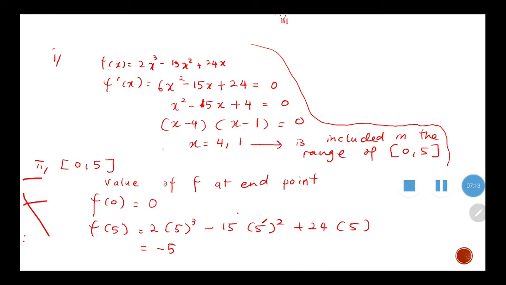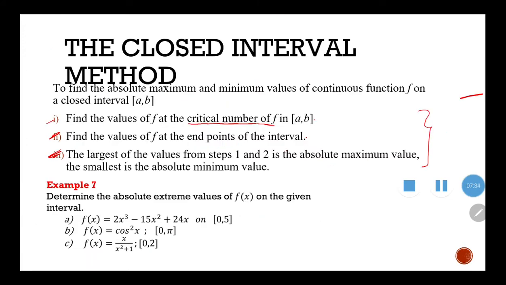Okay guys, I have forgotten this part here. Now we're back to checklist number 1. So now we have x equals 4 and x equals 1 as the critical points for this function. The question wants us to find the values of f at the critical numbers.